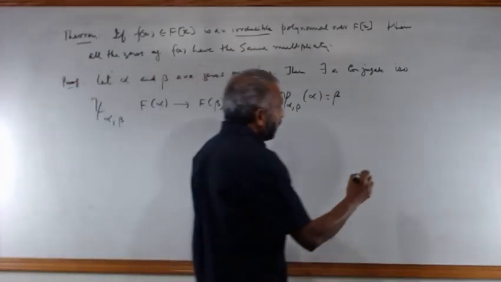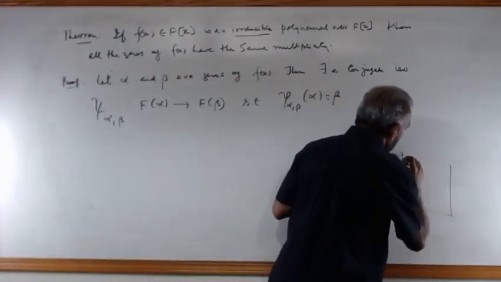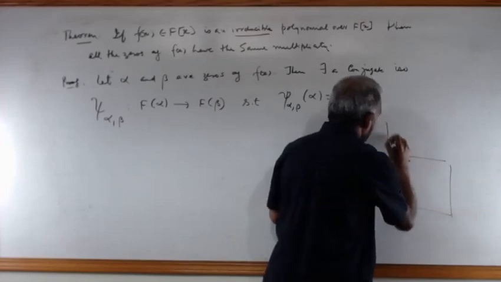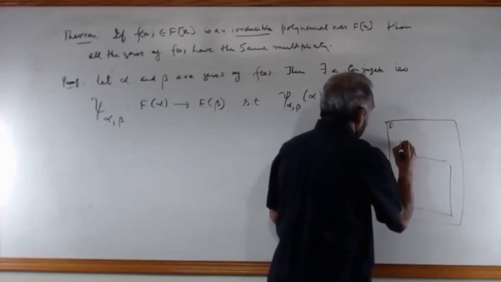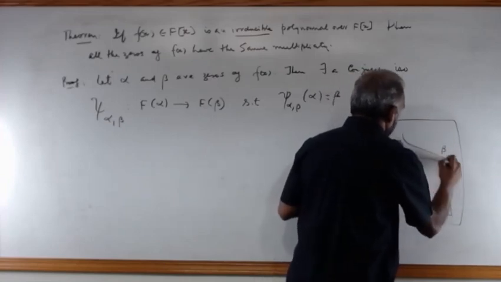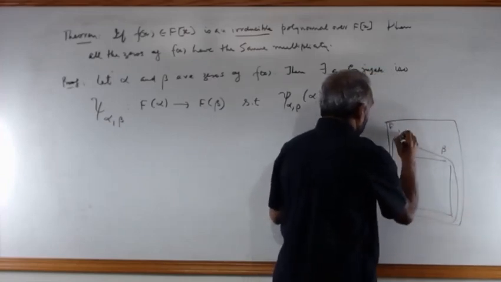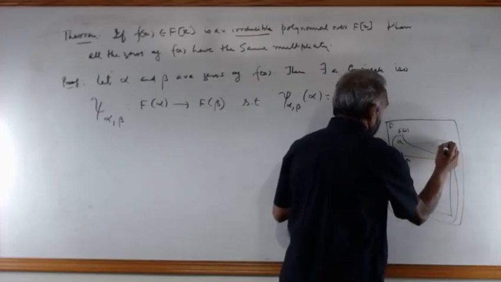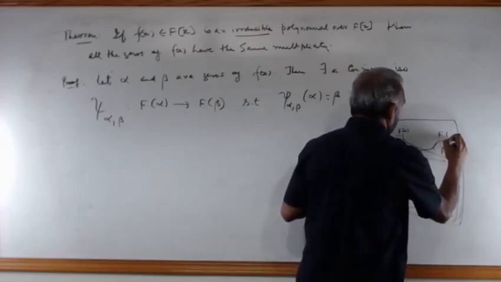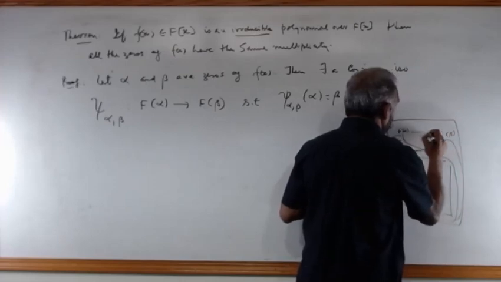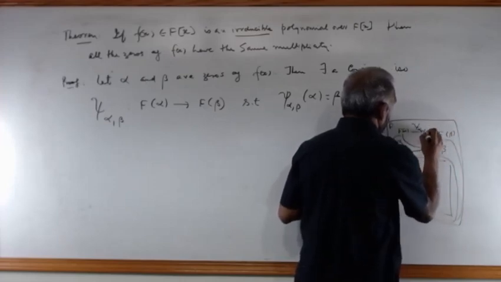So that is something like this. F here, and you have an F closure here, the alpha here and beta here, and this will be F(alpha), and this will be F(beta), and this is our psi alpha beta.